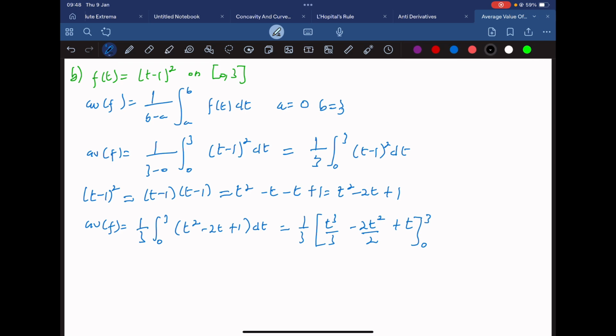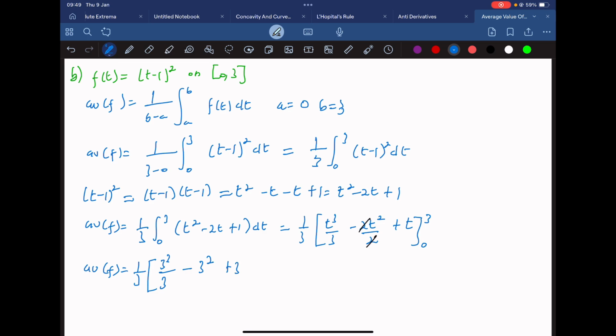Looking at this, you see the 2 can cancel the 2 here. So you can have the average value of f equal to 1 over 3, then if you substitute in 3, you have 3 raised to the power 3 over 3, minus 3 squared, then plus 3.